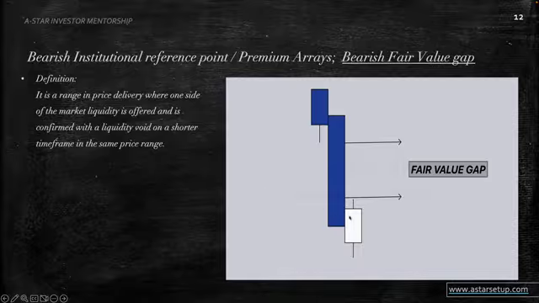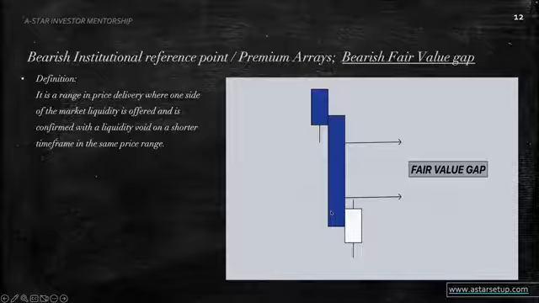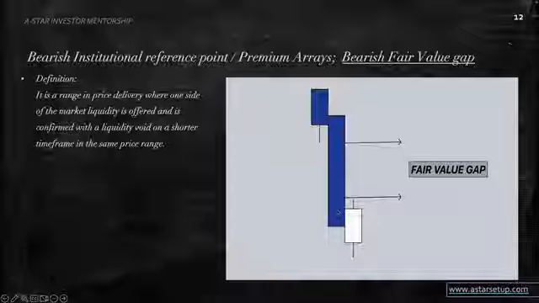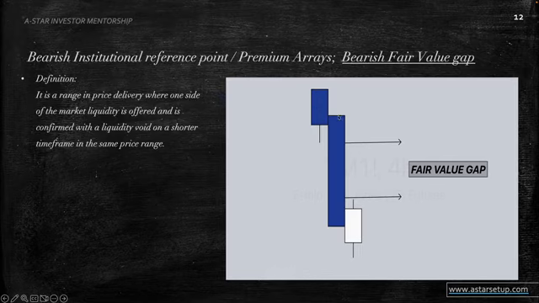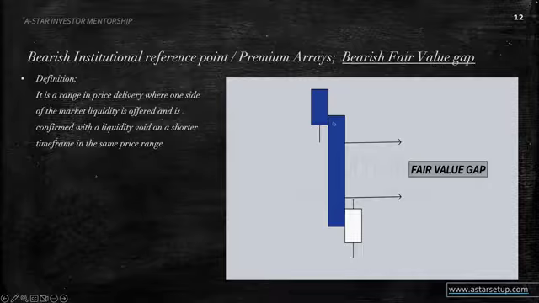Do you see that the candle in the middle is significantly larger in length than the first and the last candle? So there was a big displacement in price downwards, and in that displacement, there was a lot of selling volume, a lot of sell orders hit the market.